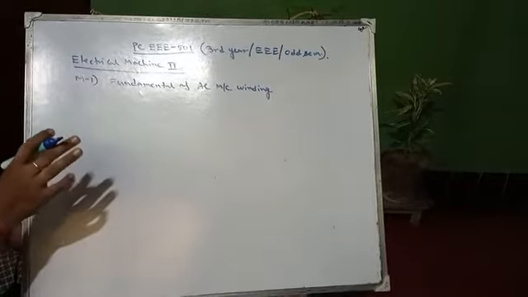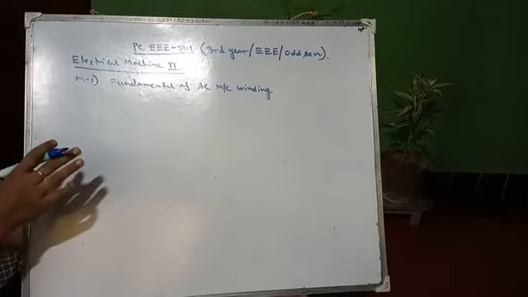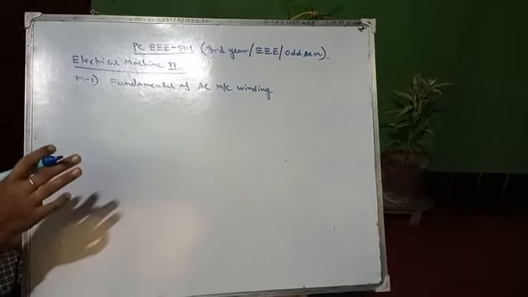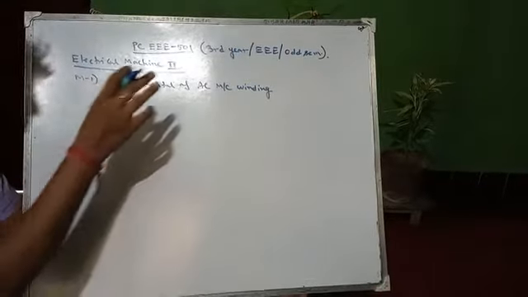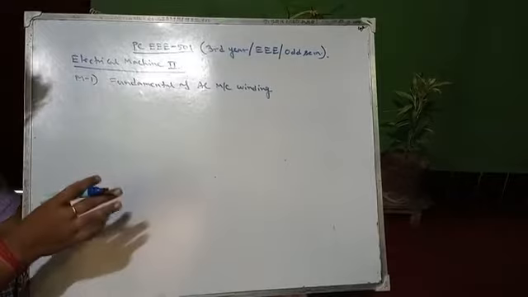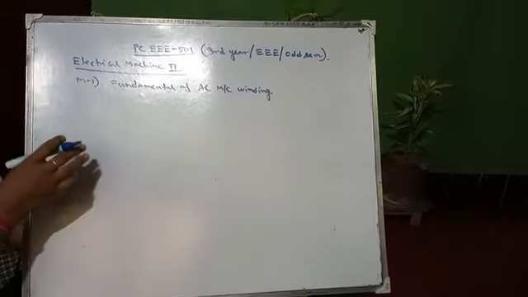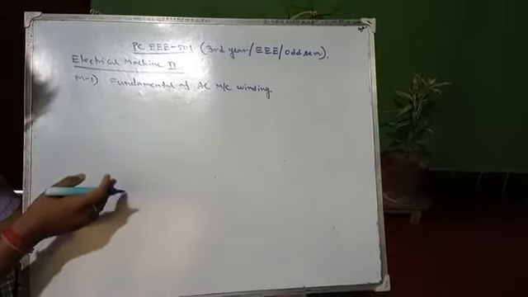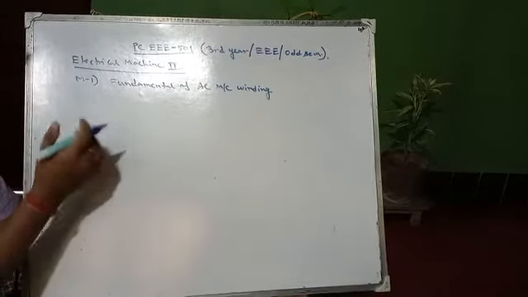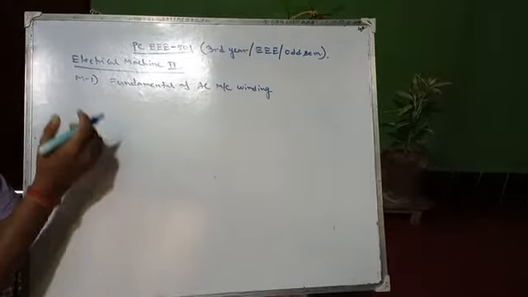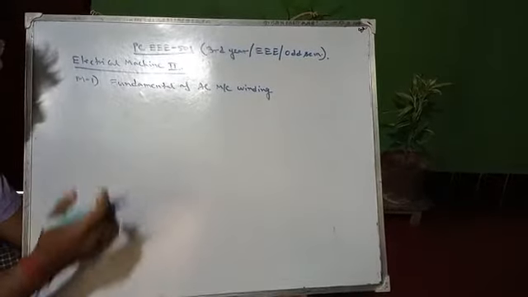When you took your class in the previous semester, in Machine 1, you learned some winding concepts. Here it is the same thing, but before starting the detail in the machine, the first module is fundamental of AC machine winding.